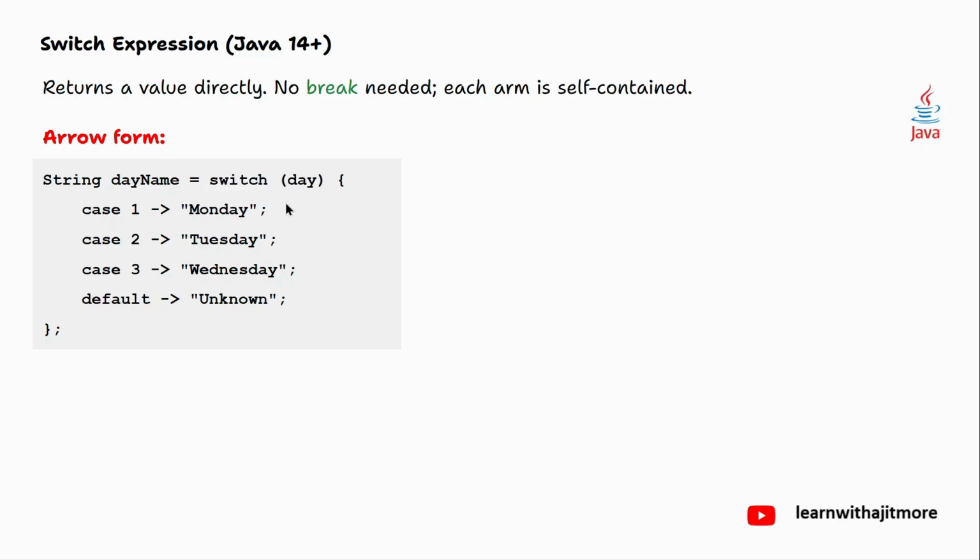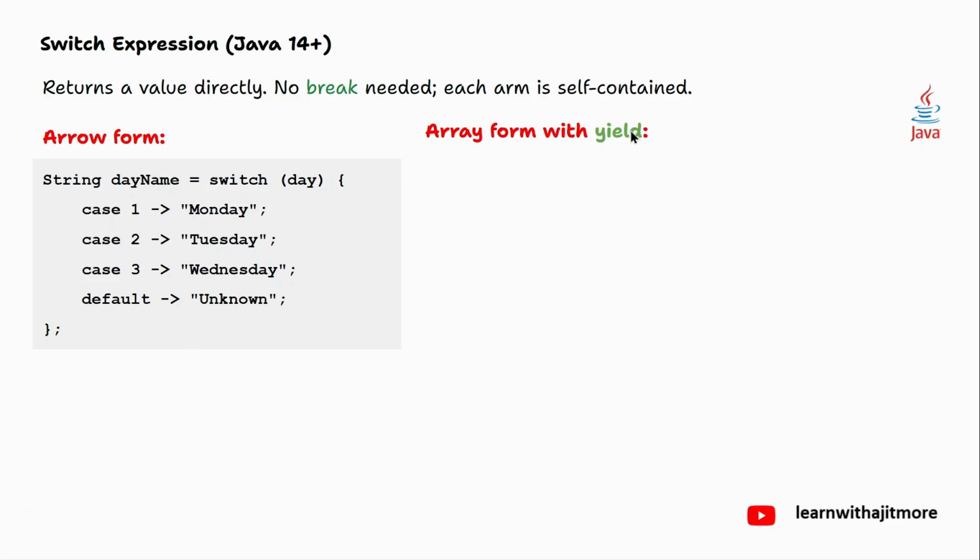From outside, if day is 2, it will come here, Tuesday. This is the expression, and the result of that expression is stored in this dayName. Same with 3. And if this day doesn't match with any of these, default. और default में क्या return कर रहे हो? Unknown. So जो unknown है वो ये dayName में आके store होगा.